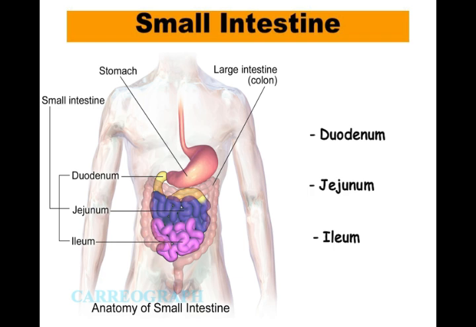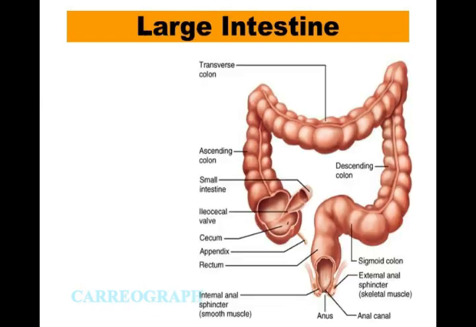Friends, after the small intestine, we have the large intestine. You see in this picture, the large intestine is also a muscular tube-like structure made up of smooth muscles, and its average length is about 1.5 meters. This large intestine has 7 distinct parts.